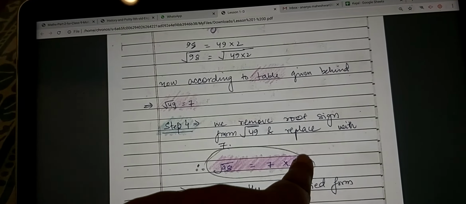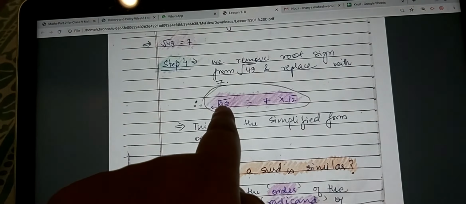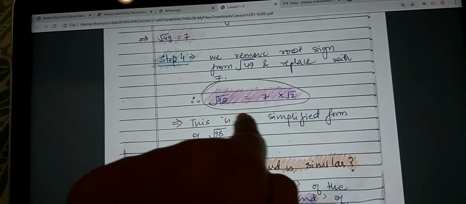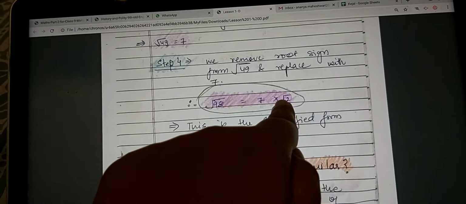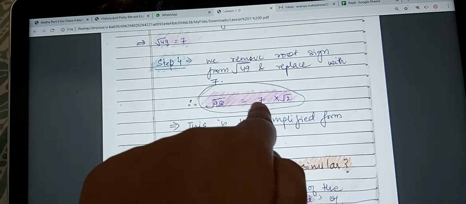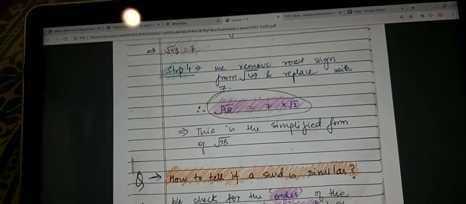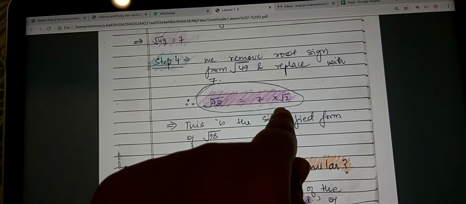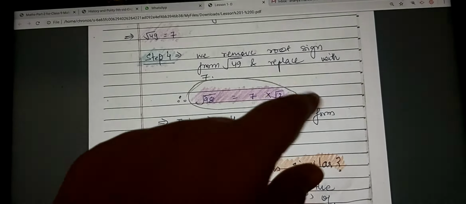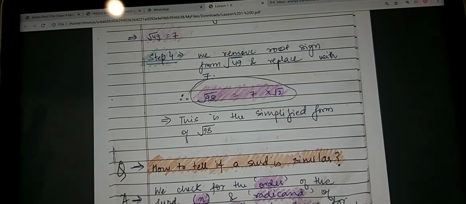So I will write square root 2. So this that you have is the simplest form of square root 98. The simplest form of square root of 98 is 7 into square root 2. It's your simplest form. Okay.